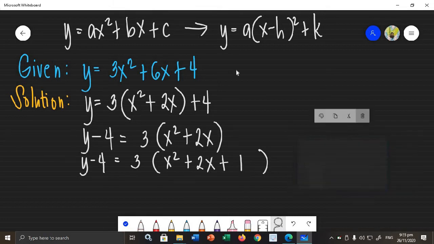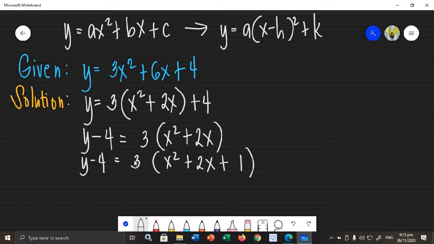So now that we complete the square, don't forget that whatever we add here, we also add on the other side. But then, there is a difference here. Because, as you can see, we factored out a. Instead of adding plus 1 on the left side of the equation, we need to multiply the number that we will add by the coefficient of the quadratic term, which is 3.